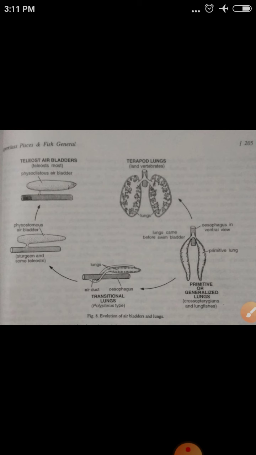Their lungs were similar to those of the African lungfishes and originated as a pair of ventral sac-like pouches connected to the pharynx or esophagus by a single duct. From this generalized condition, three lines of evolution emerged.